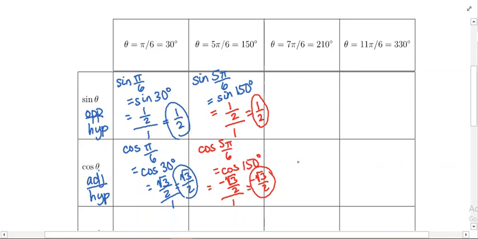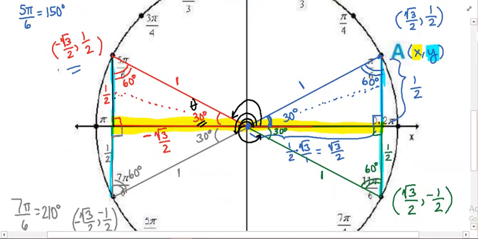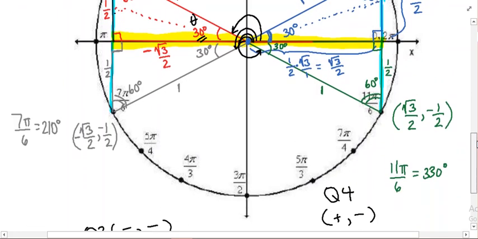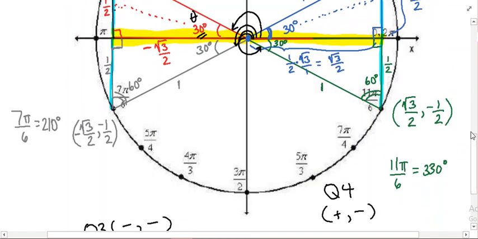All right, so now let's look at 7 pi over 6. 7 pi over 6 is down here. It's the gray triangle in quadrant 3. 7 pi over 6 is 210 degrees. 210 degrees, that's bigger than all the angles summed up in a triangle. So again, there's no way you could have a triangle with 210 degrees. That's why you're having to use reference angles to do this.